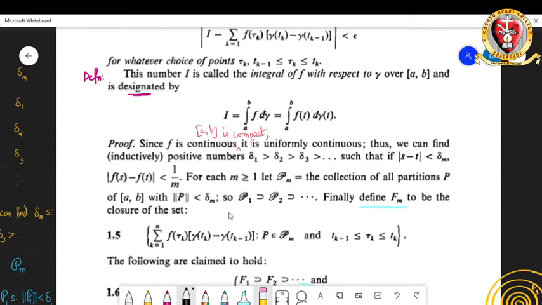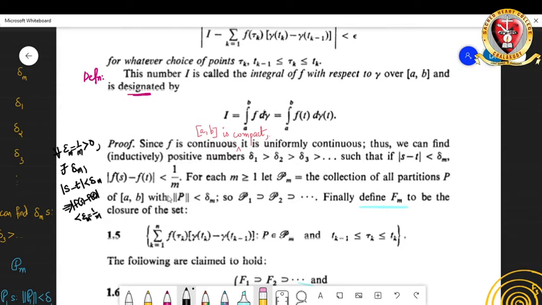So for every 1 by m, consider epsilon m to be 1 by m. Whenever this epsilon m is strictly greater than 0, we can find a delta m corresponding to that, such that whenever modulus of s minus t is strictly less than delta m, we get that modulus of f of s minus f of t is strictly less than epsilon m, which is equal to 1 by m.